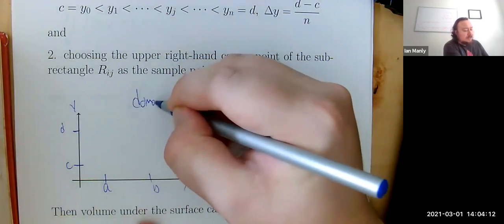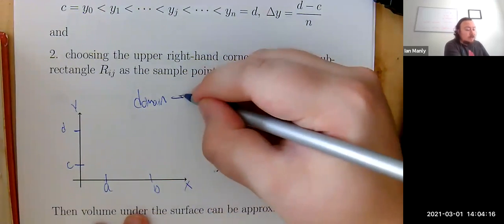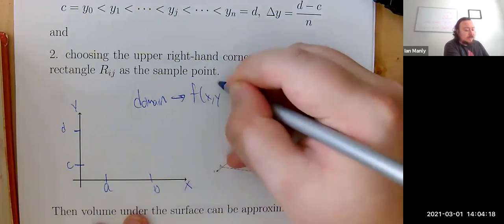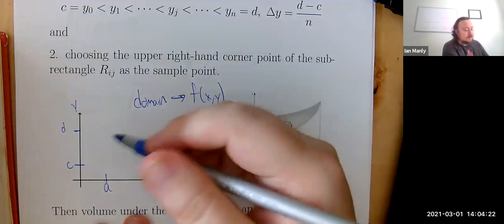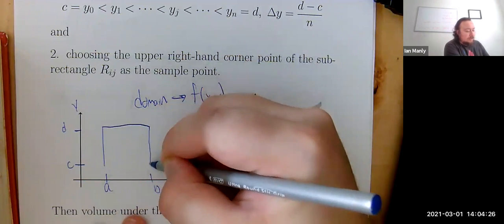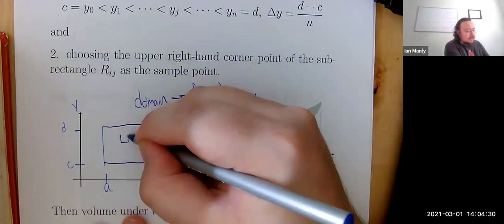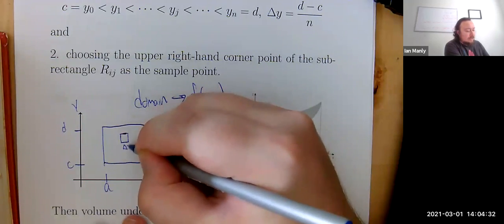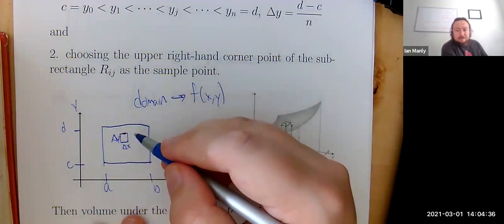And by the way, this is the domain, the stuff that we're plugging into our multivariable function f of x, y. So this is looking at the top down of this picture. Here's our rectangle that we're trying to find the volume over, and we break it up into these little pieces. This has a length of delta x, and this has a length of delta y.